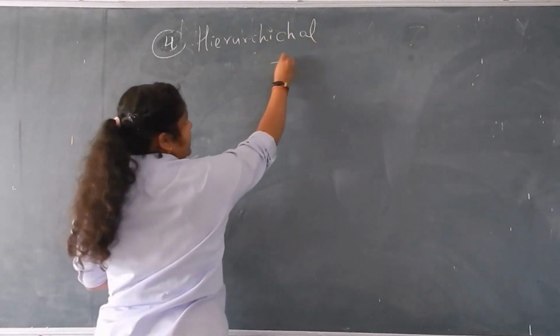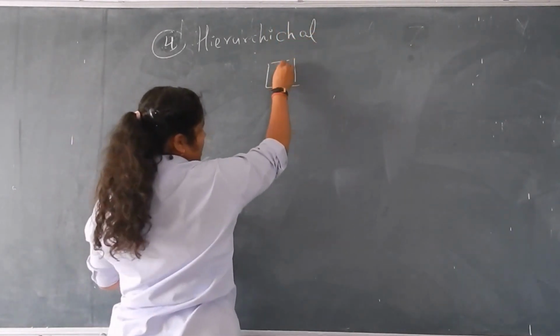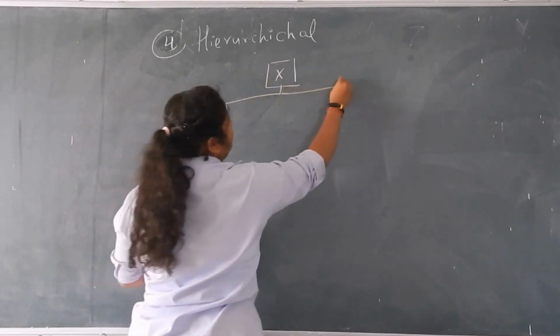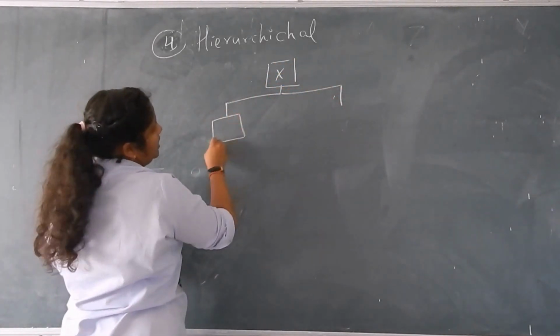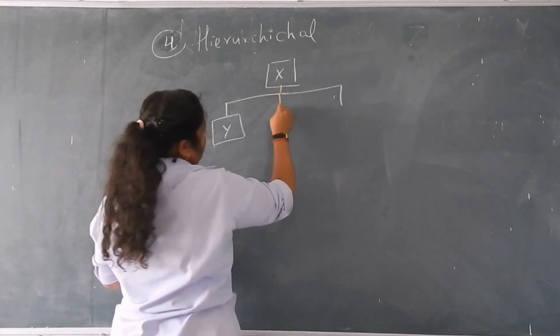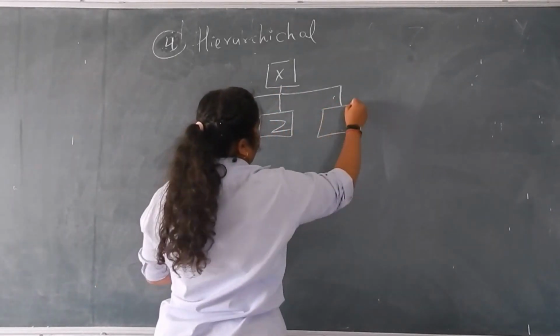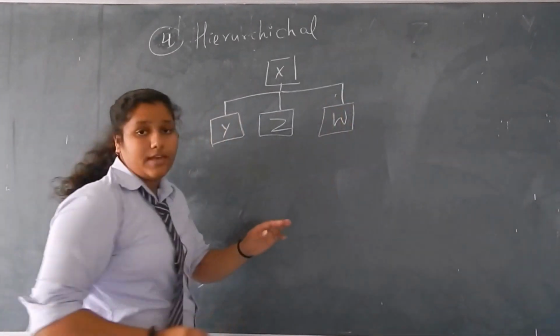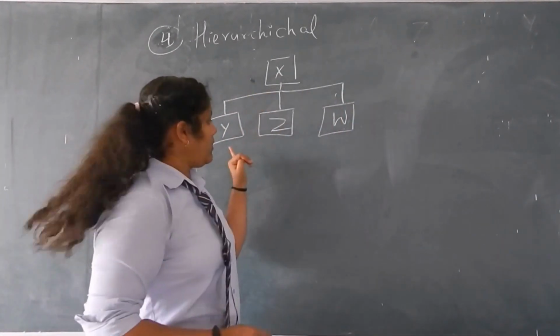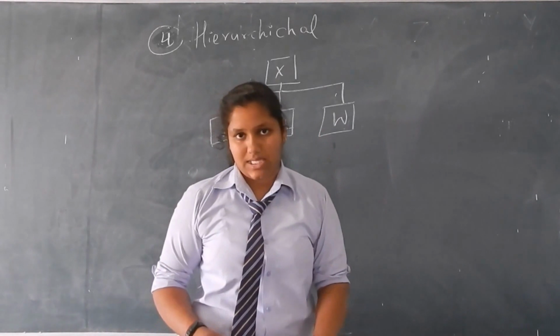In hierarchy, we have a single base class and we can derive one or more classes from it. We have only one parent and we have three child classes in it.